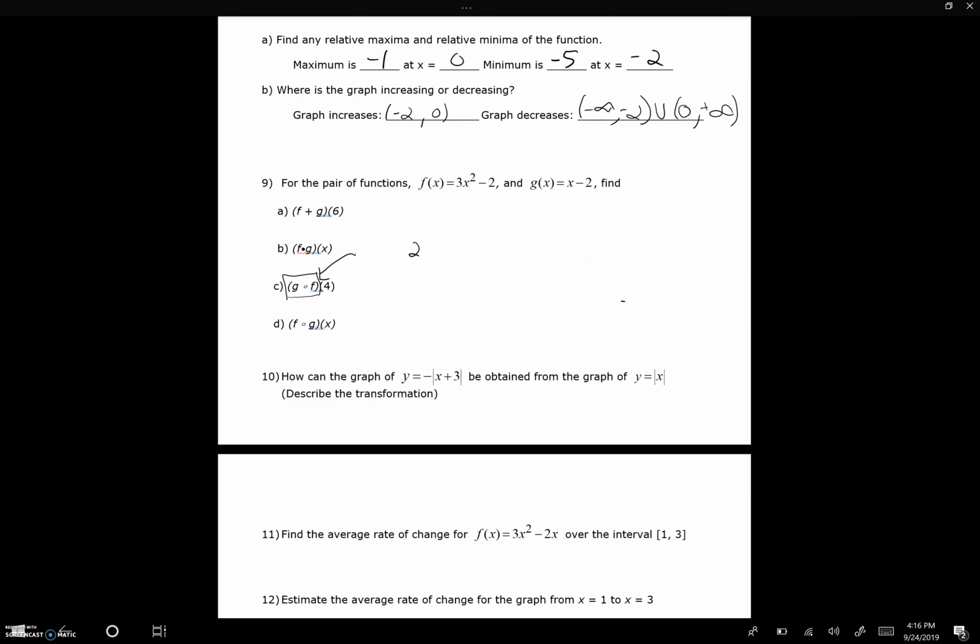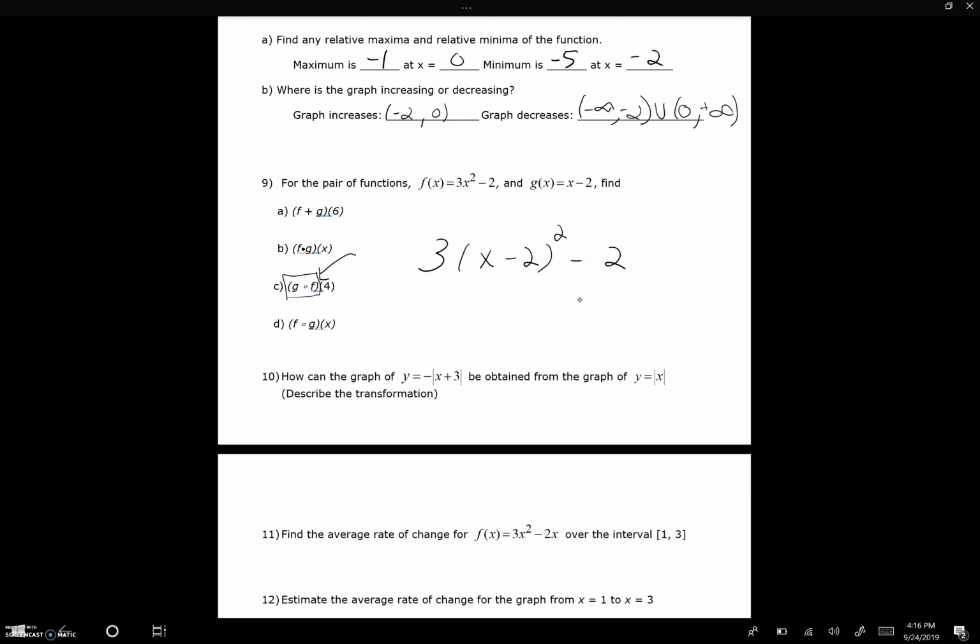And now f of g of just x. So we take f of g, so we're going to write f. But instead of writing an x, I left a really big space because inside there, that's where I'm going to put my g. And I'm just going to keep it like this.